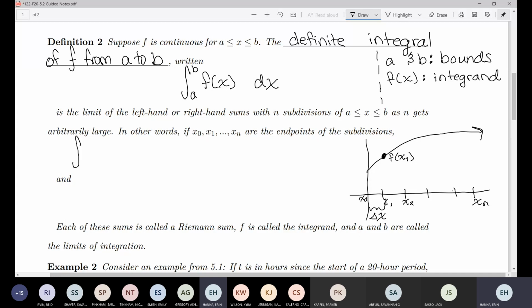And I say that because I want to write this. The integral of f of x dx is equal to the limit as n approaches infinity of the sum from i equals 1 to n of f of x sub i times delta x sub i. Did I say it was going to be gross? It is gross.